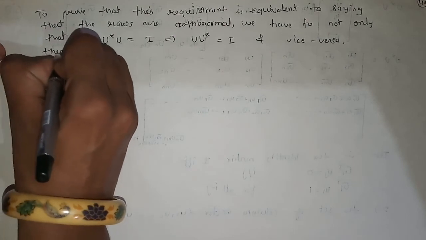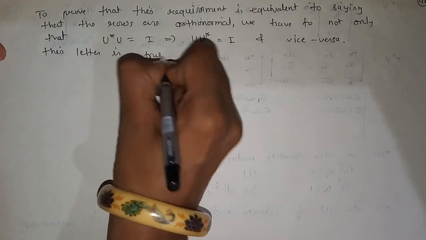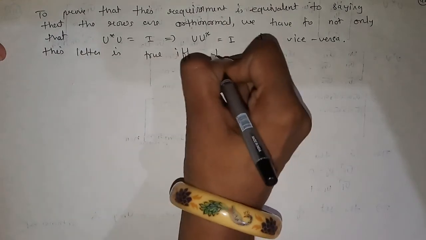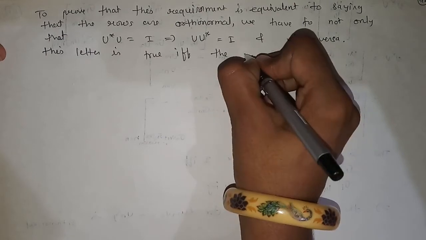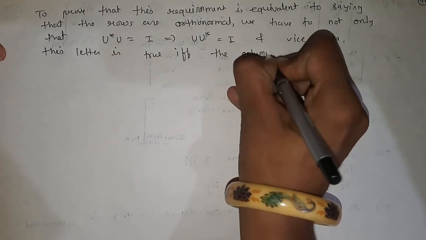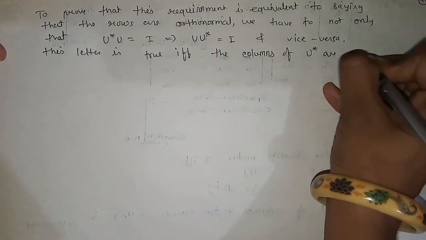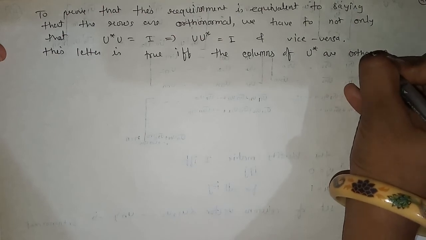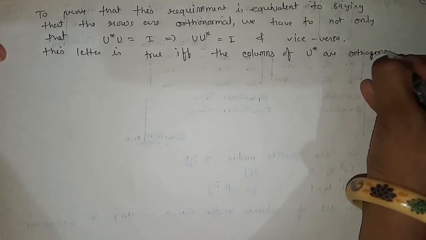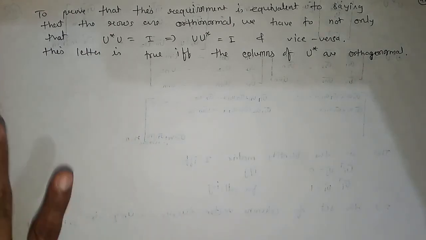This latter is true if and only if the columns of U star are orthogonal. Actually this is not orthogonal, this is orthonormal. In case of orthogonal this can't be true, but in case of orthonormal this is true.